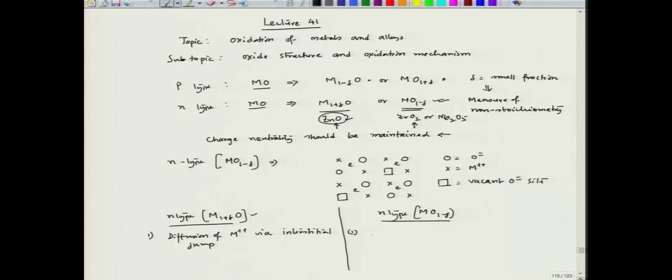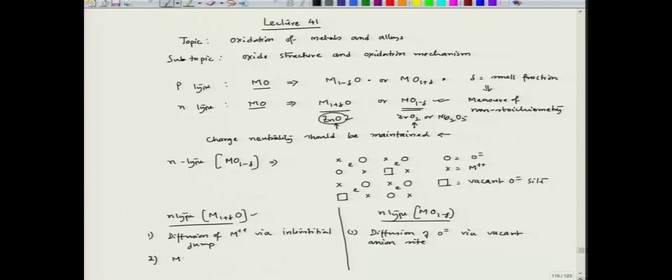In the second case, it is diffusion of oxygen ion via vacant anion sites. This is the difference between the diffusing species.